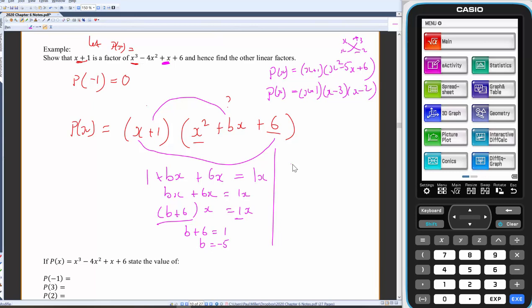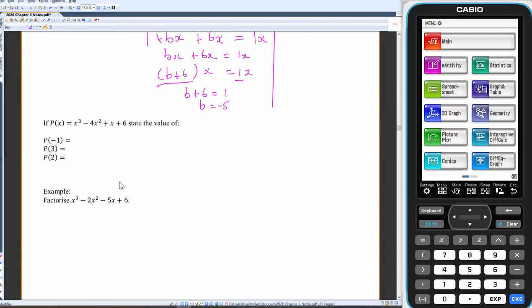The alternative is you put x plus 1 into x cubed take 4x squared plus x plus 6 using long division, which is a completely legitimate method. I find that maybe 2/3 of my students will continue with long division and move away from equating coefficients. But equating coefficients is extremely fast and is a transferable skill to many other areas in this course.